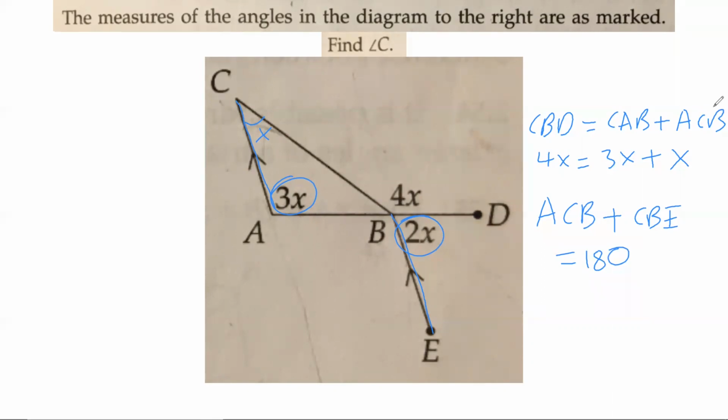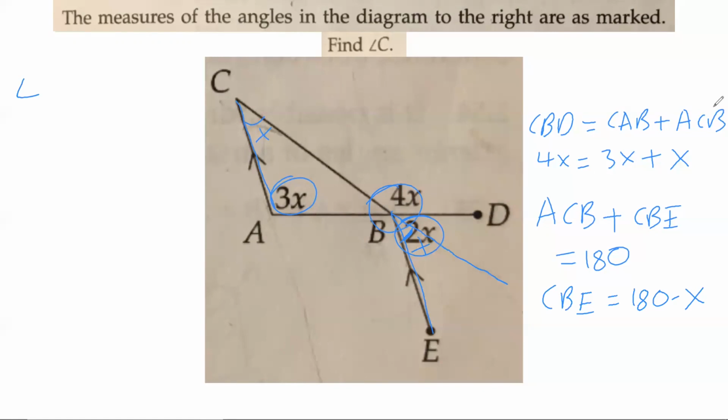And if you remember from the warm-up, you can extend line CB here. And so this angle here will be x, because since these two are parallel, the angles in the same positions are equal. And so therefore CBE would be 180 minus x, since they're on the same line. Now we notice that these angles here are all in a circle, which means they add up to 360 degrees.